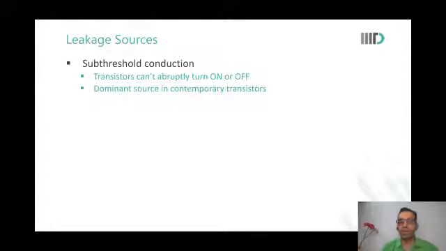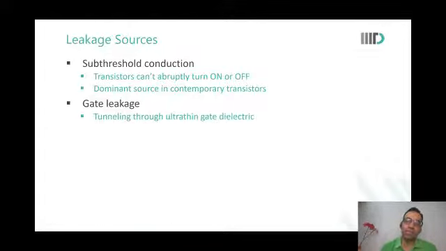Then another set of leakage is gate leakage, which is tunneling through ultra thin gate dielectrics. Even though we are now using high K metal gate dielectrics, which are physically not as thin as silicon dioxide based gates would be, the physical thickness of the gate is of the order of 2 nanometers or 3 nanometers, not more than that.